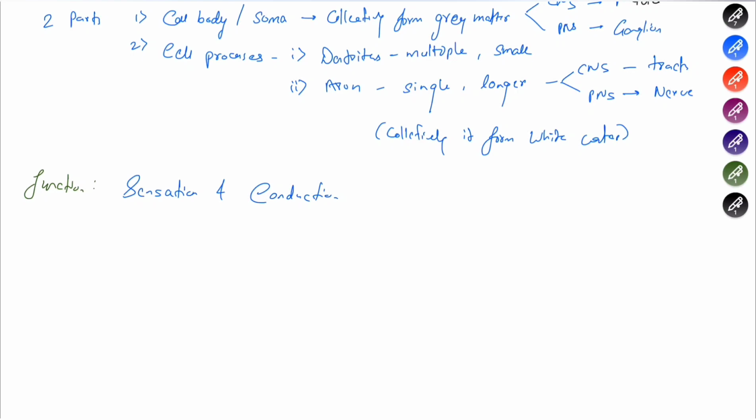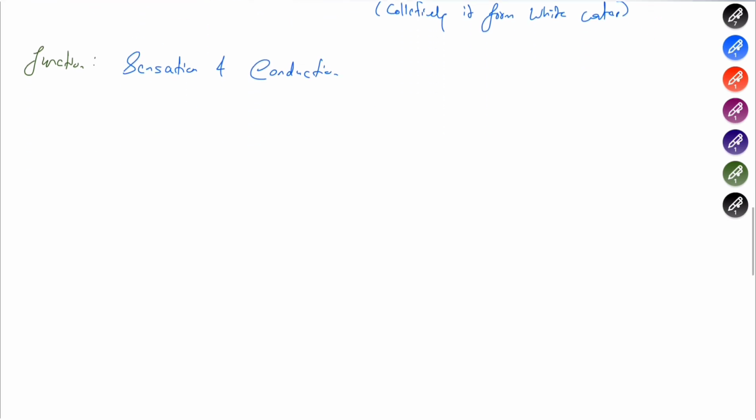The conduction of impulse: impulses flow toward the cell body in the dendrites and away from the cell body in axon. So suppose I make a diagram of a neuron.